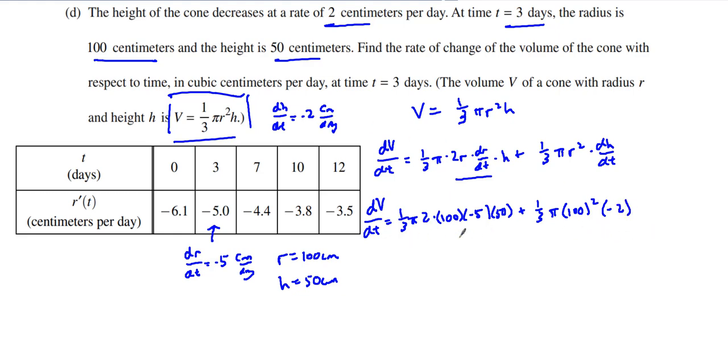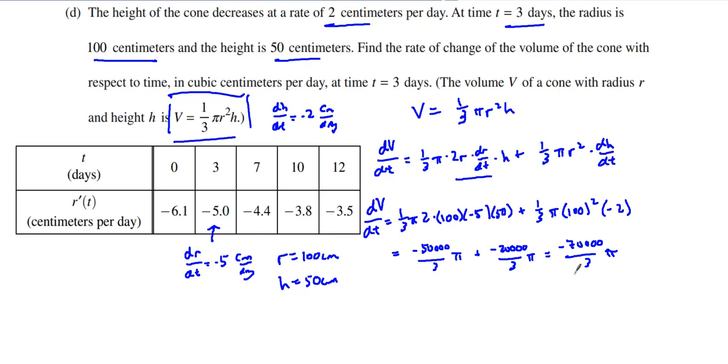And so I'm going to do a little bit of multiplication, and I get negative 50,000 over 3 pi plus negative 20,000 over 3 pi, which ends up giving me negative 70,000 over 3 pi.